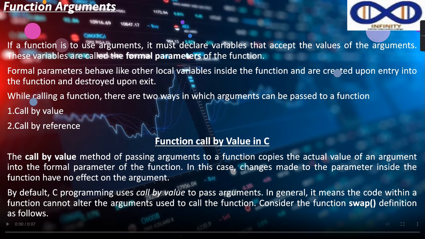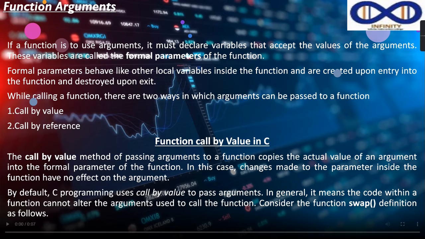Formal parameters behave like other local variables inside the function and are created upon entry into the function and destroyed upon exit. While calling a function, there are two ways in which arguments can be passed to a function. So here we can pass arguments in two ways, call by value and call by reference.